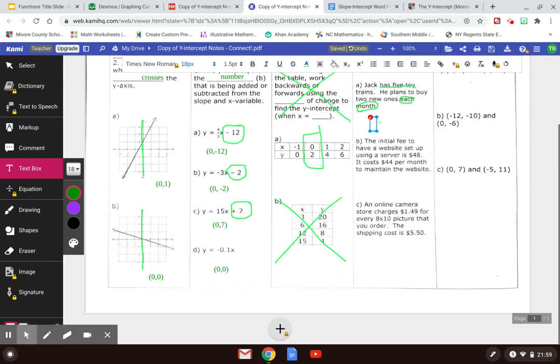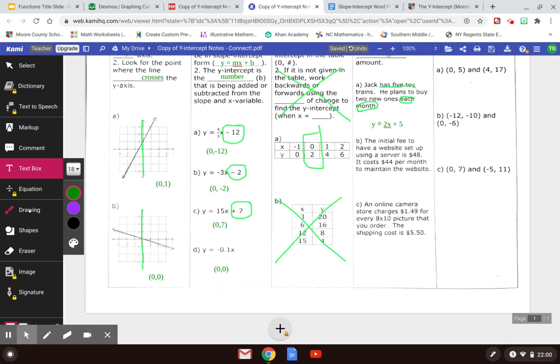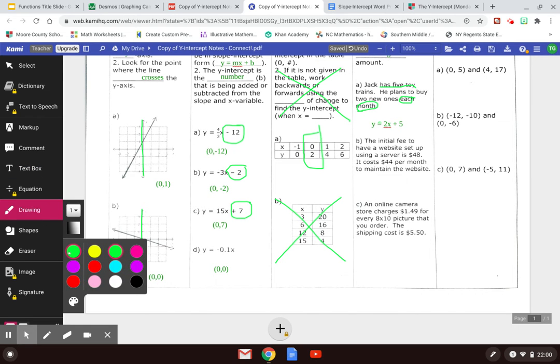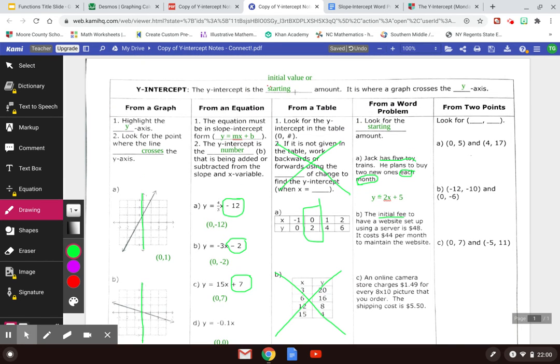So if we were going to write this as a linear function, we would write y equals, so what's changing each month? 2. So he's getting 2 per month, so 2x, and he starts with 5 because he has 5 toy trains. So y equals 2x plus 5. All right, on our next scenario, it says the initial fee. So there again, there's that key word, initial. We set up here initial value or starting amount.